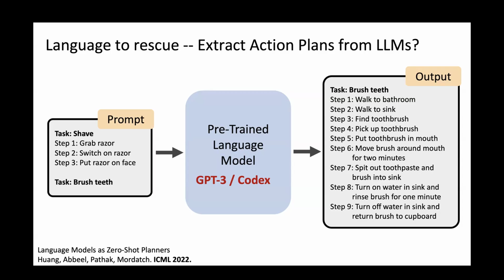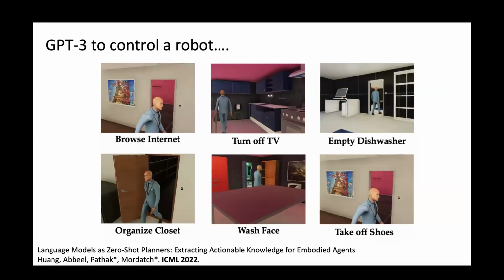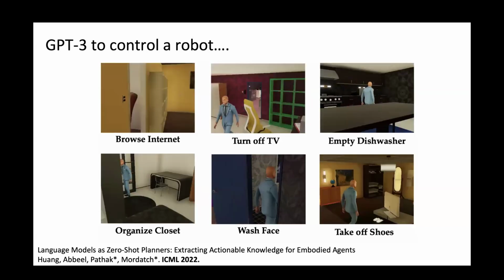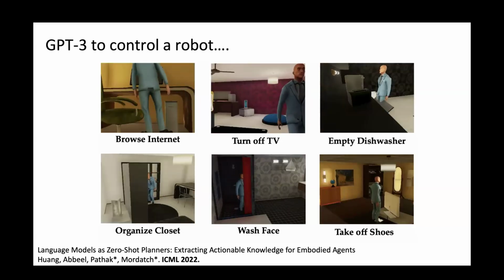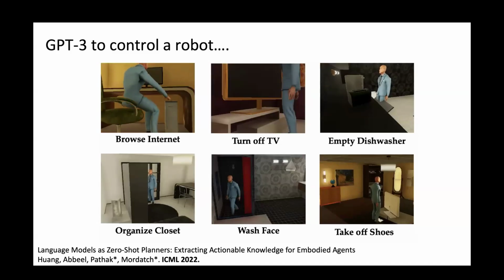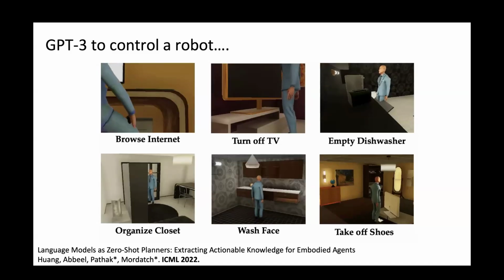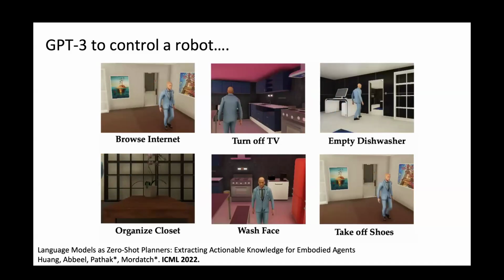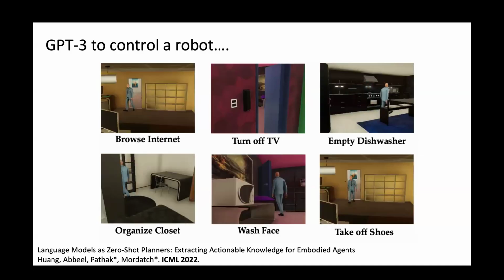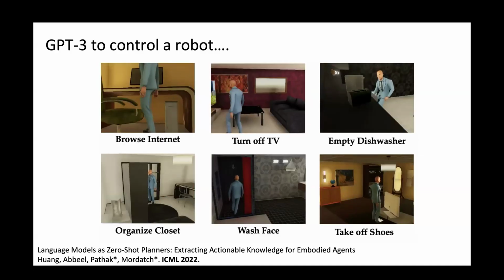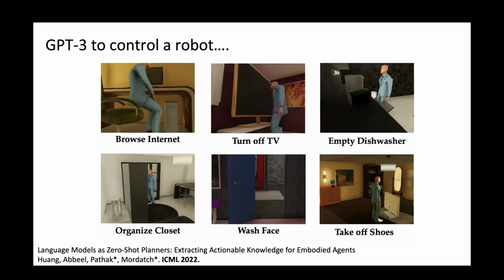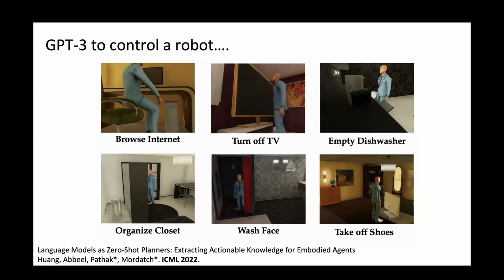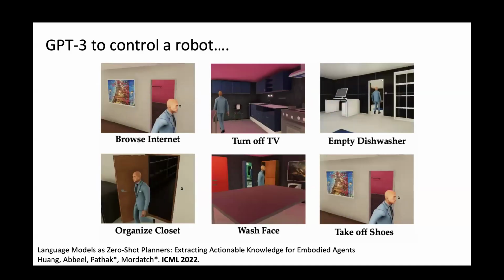What we did is very simple. We took simulation scenarios like VirtualHome, AI2-THOR, etc. In these tasks, you are given a goal like browse internet, and the robot has to go to a different room, open the computer, and do all of that. Now, traditionally speaking, people call this a long horizon problem. What we are trying to show in this paper is that when you abstract away all the low-level actions, then it is no longer a robotics problem.